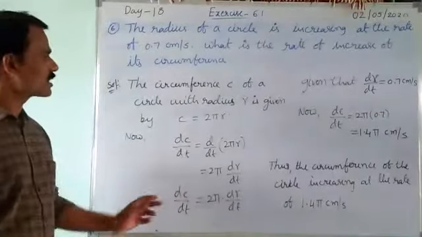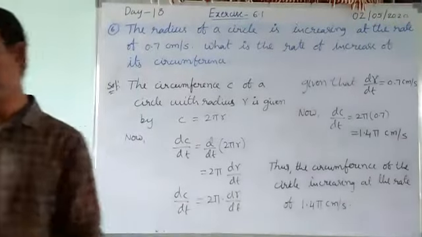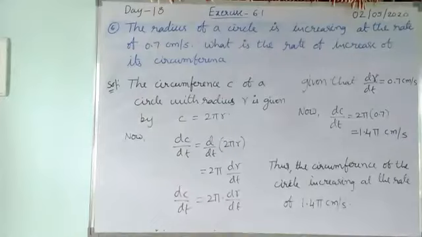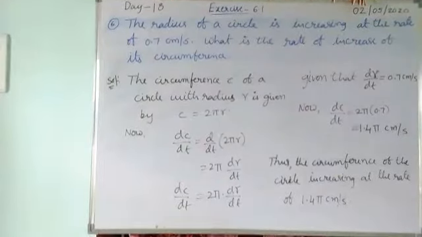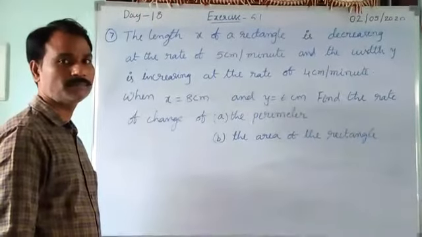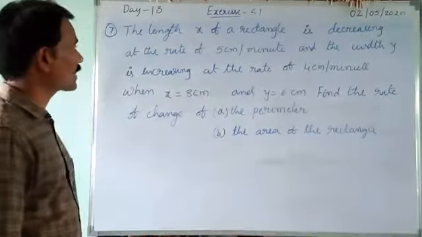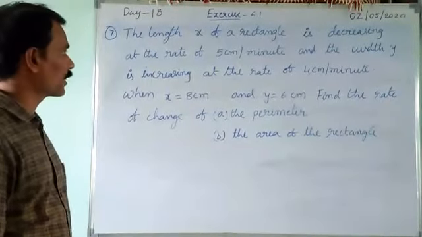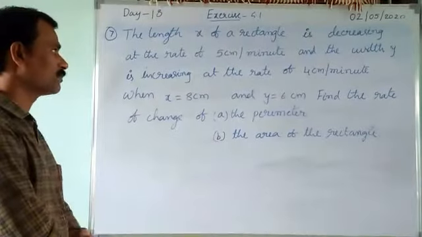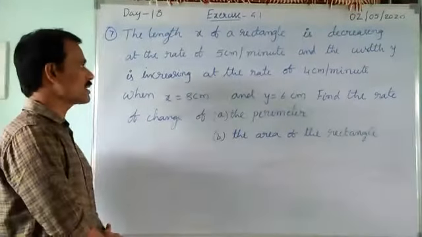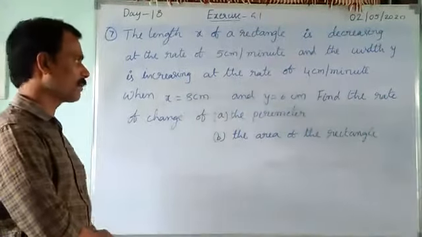This is the sixth problem, guys. The length x of a rectangle is decreasing at the rate of 5 centimeter per minute, and the width y is increasing at the rate of 4 centimeter per minute.